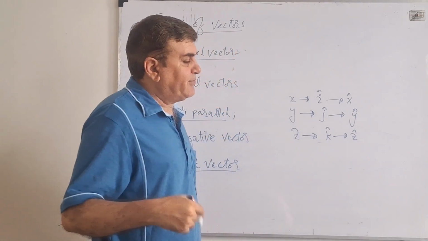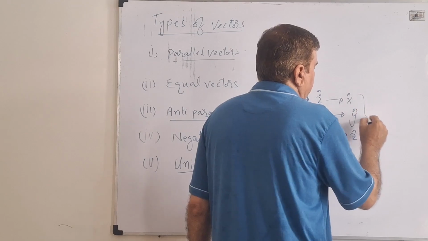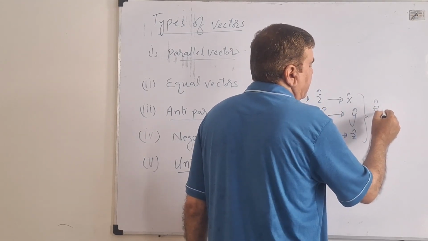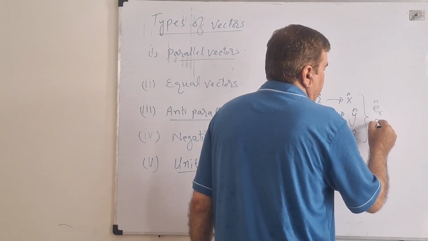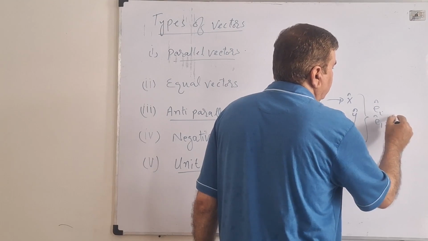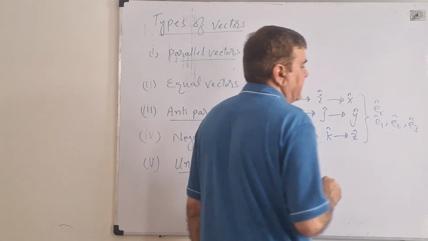And then in more abstract algebra, this is changed to e sub i, where i could be 1, which we write as e1, could be 2, which we write as e2, could be 3, which we write as e3.